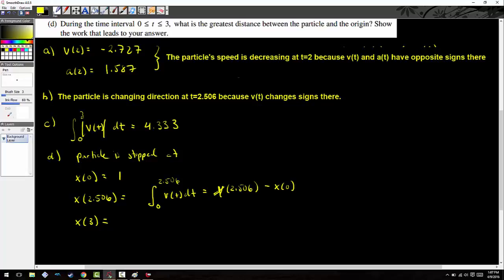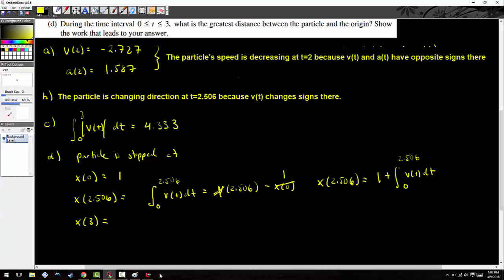So I know now that x of 2.506 is going to equal, by adding this x of 0 to both sides, and we know that x of 0 is 1, 1 plus the integral from 0 to 2.506 of v of t dt.